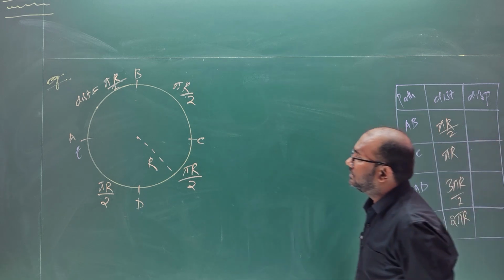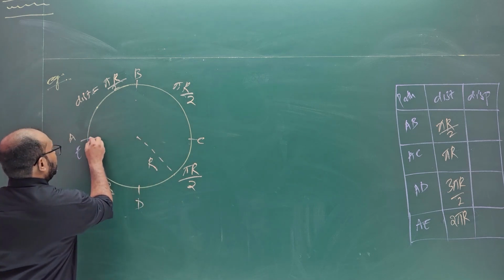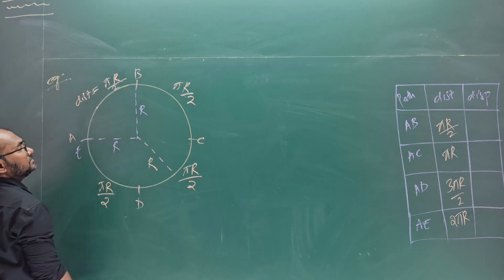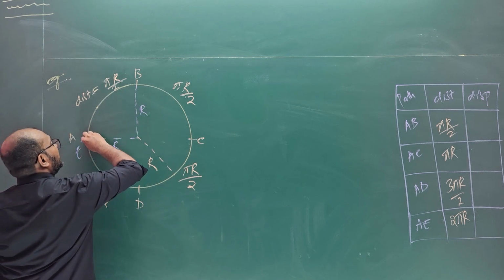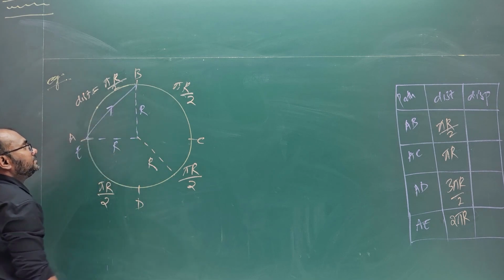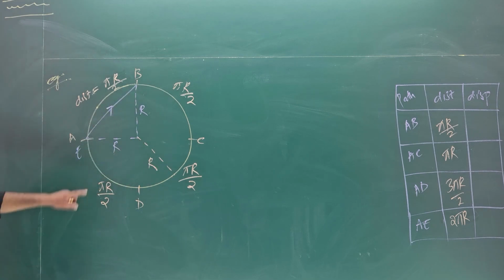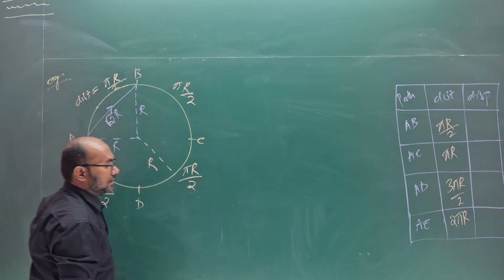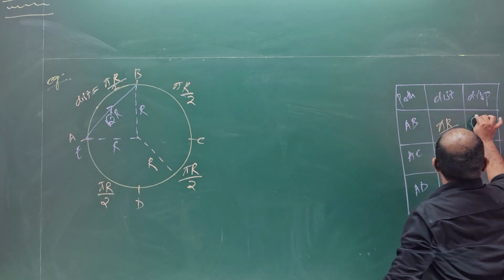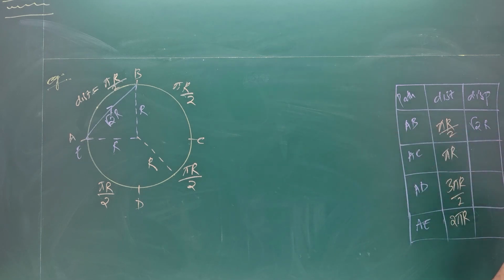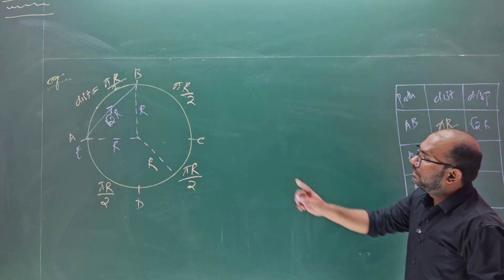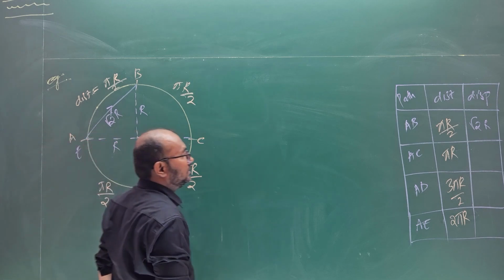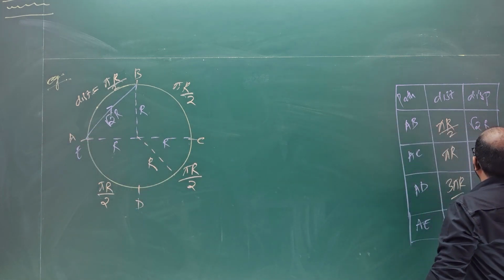Now let us find the displacement. Center. This one becomes r and this one becomes r. The square root of r square plus r square is your AB. Yes or no? So this becomes root 2 r. Okay, AC is r plus r, so AC becomes 2r.